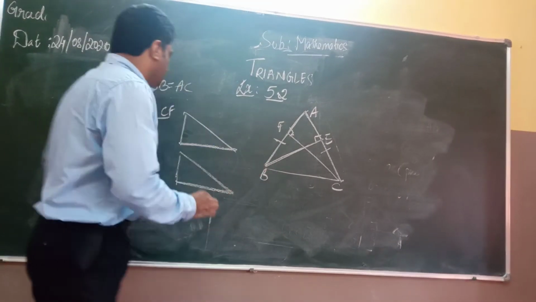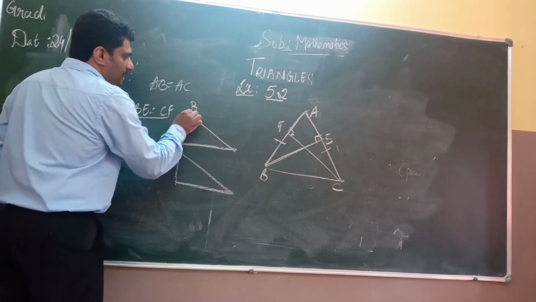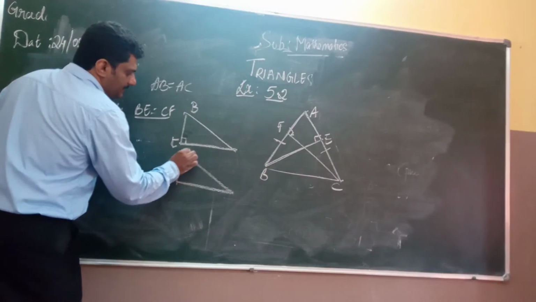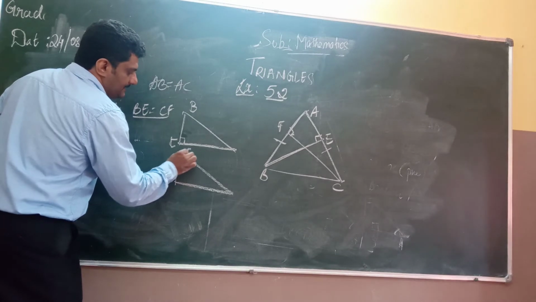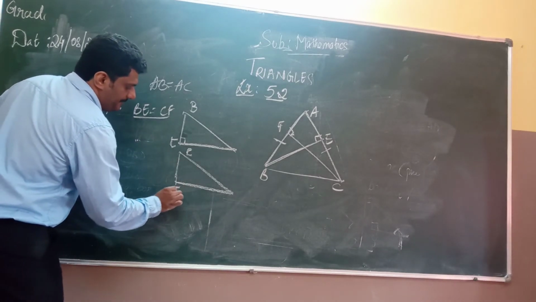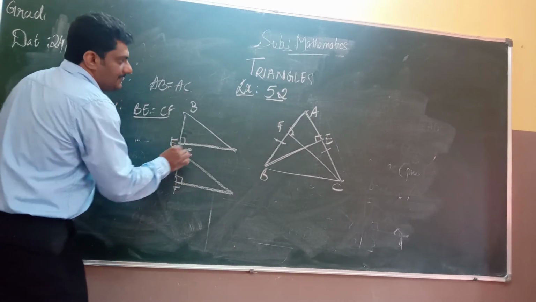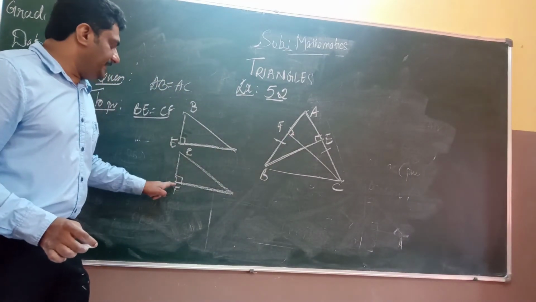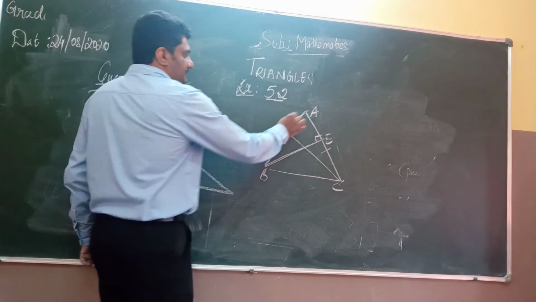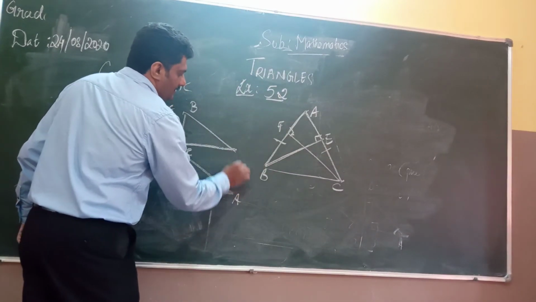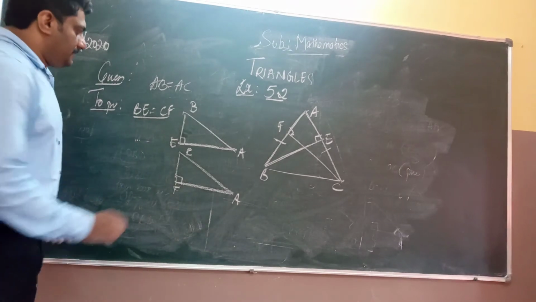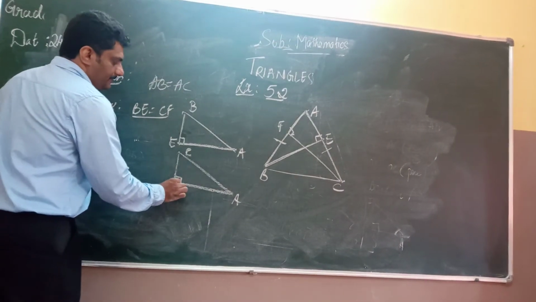Now BE, 90 degrees. Again, CF, 90 degrees. See, here we have 90 degrees, no? So I have written here ECF. Now this is A, this is A. Let's check. Both are 90 degrees.